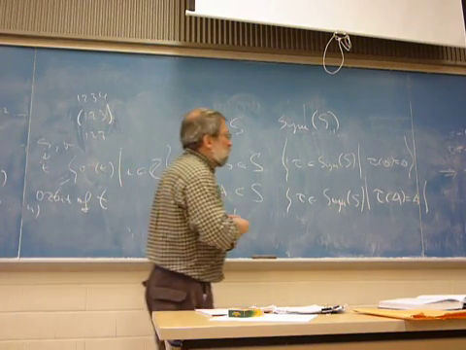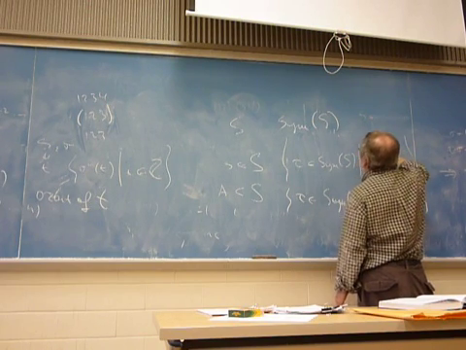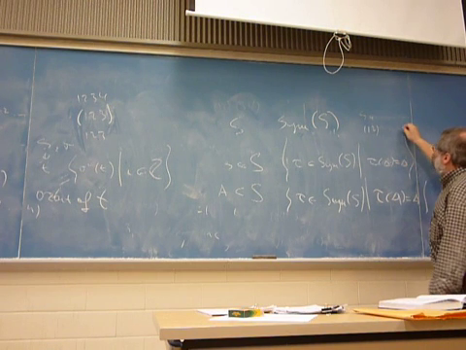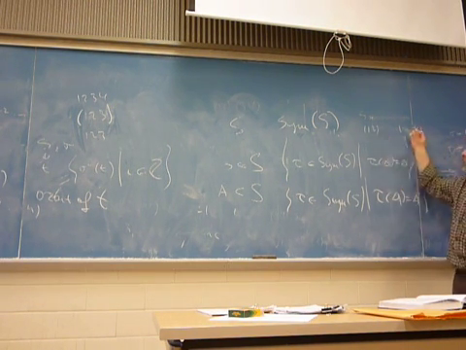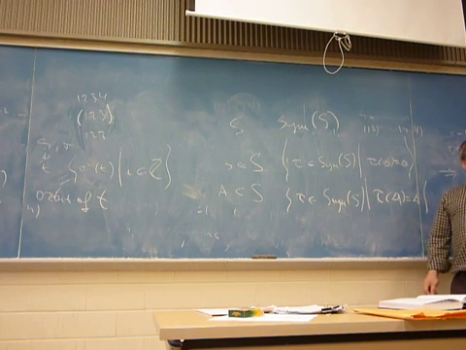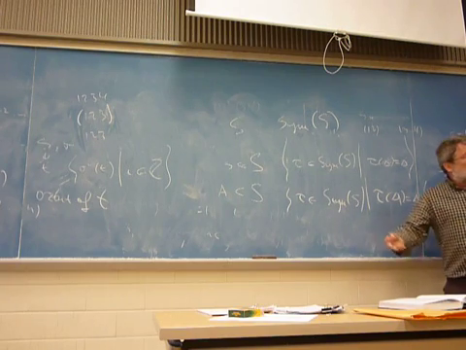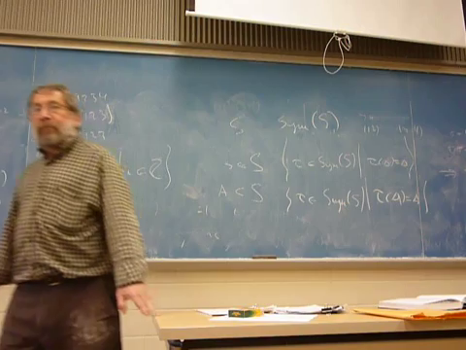And the simplest example is, take in S4 this cycle and this cycle. These are two cycles, right? But what is their product? Together, 1, 2, 3, 4. It's not a cycle. It's two cycles.